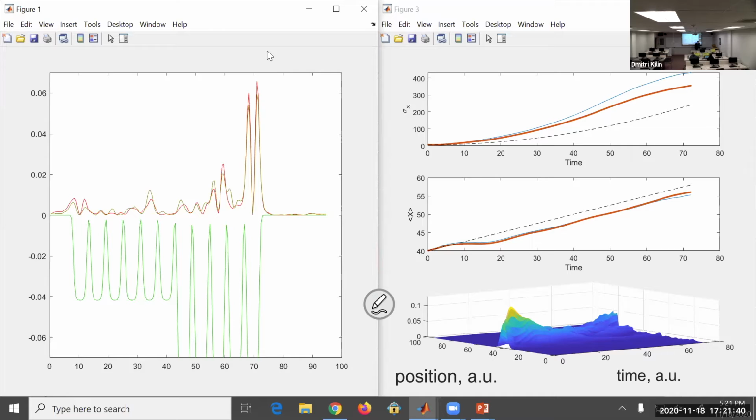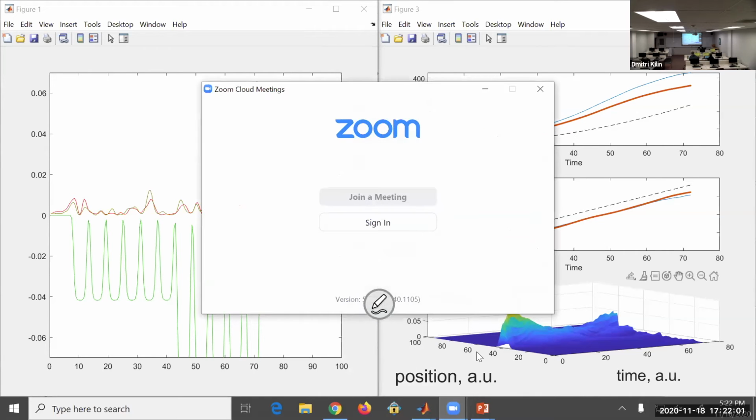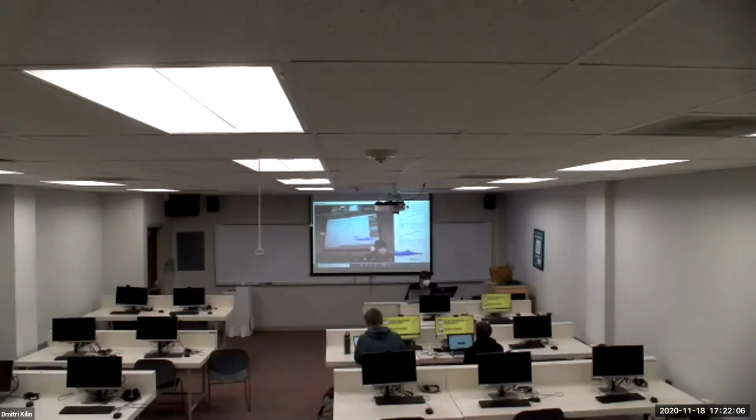So in some sense, this modification of the code brings us very close to the project by Spencer. So let me check with Spencer if there are any questions.